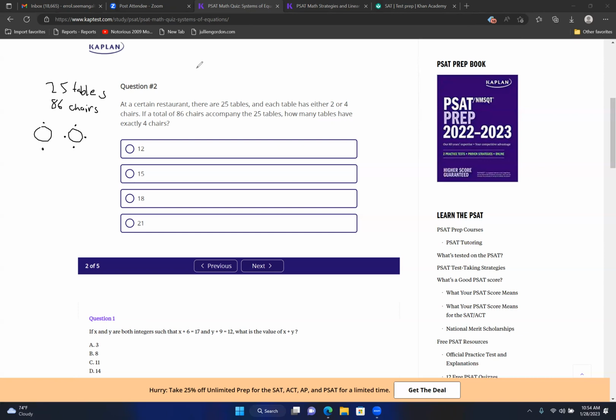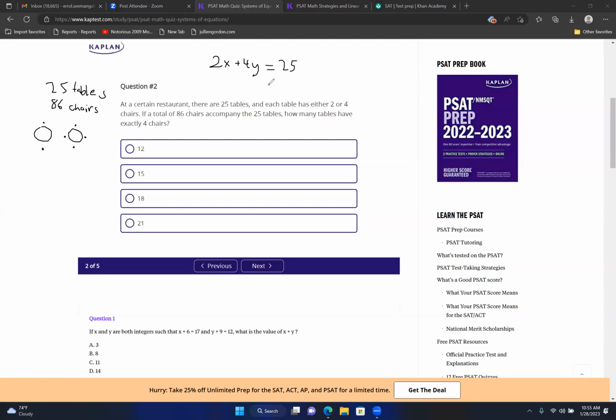So we could say something like this. We'll set up 2 equations. So 2x plus 4y equals what? 86. No, this will be the 25.